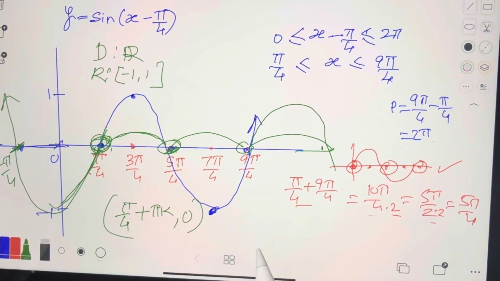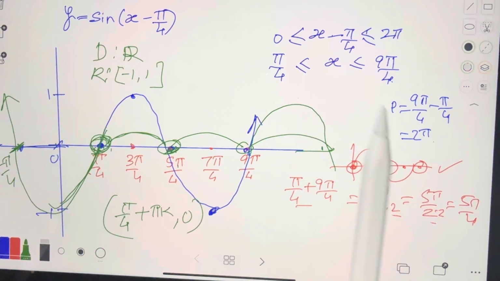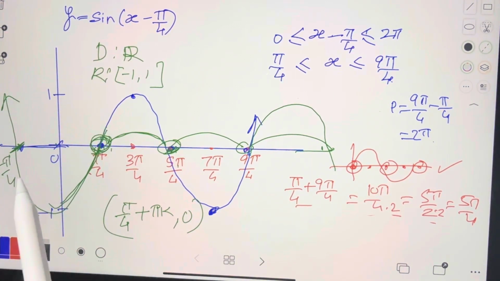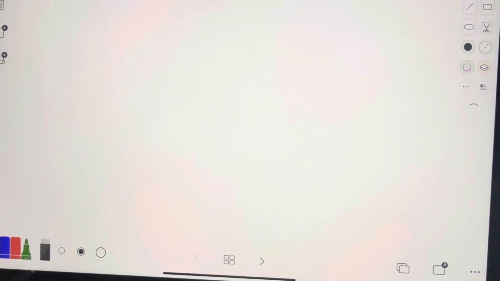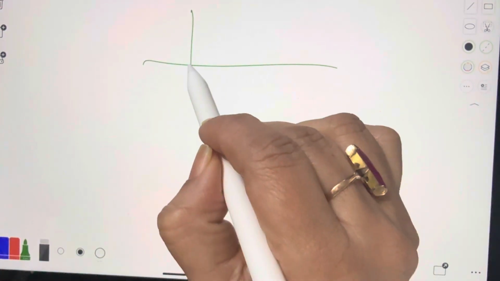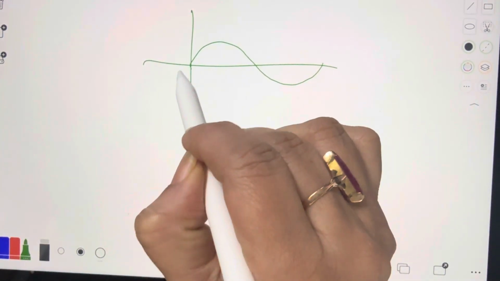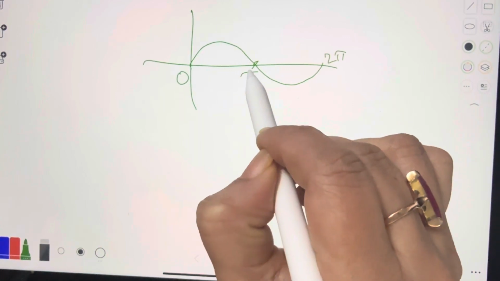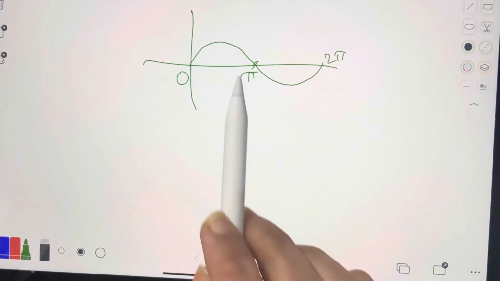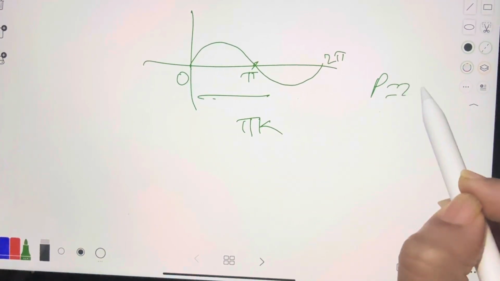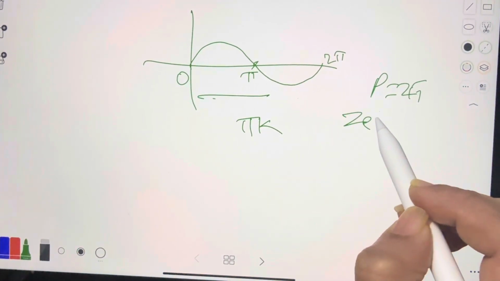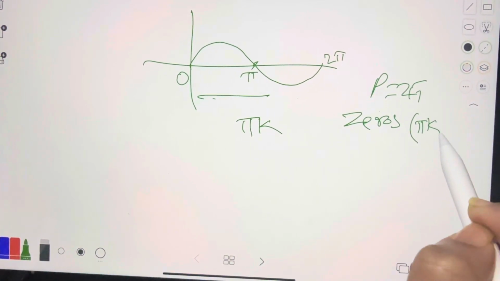There is another way of finding the zeros. If there is no other stretch and shrink, if you observe your parent function, I am erasing this, I am just giving another method of getting the zero, but it's optional. If you understand it, good. Otherwise, this is the method you can always follow. I'm erasing everything. If you remember, your parent function was something like this, which was 0 to 2 pi, and the period was 2 pi, the zeros are half of that, pi k, 0.